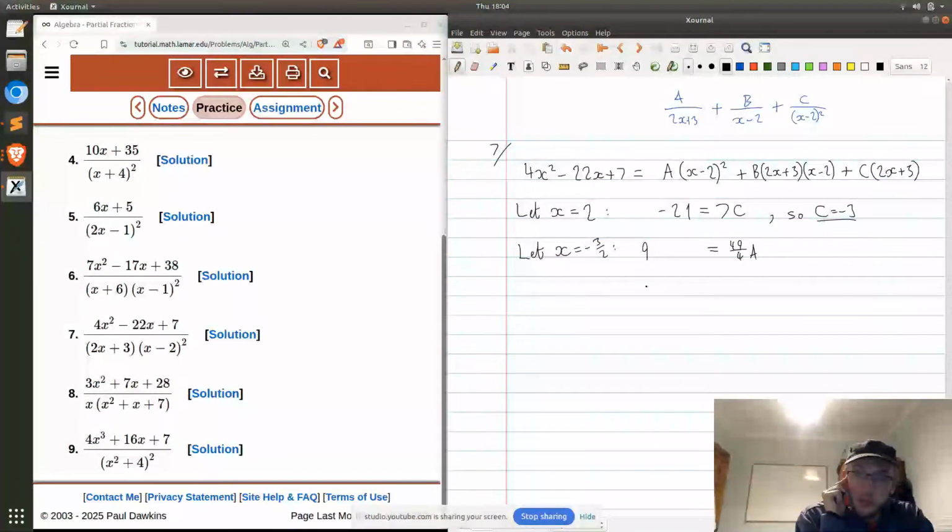What's negative 3 over 2 times 22? And plus 7. So 49 equals 49 over 4 a. Okay. So a is equal to 4? I think that's right.